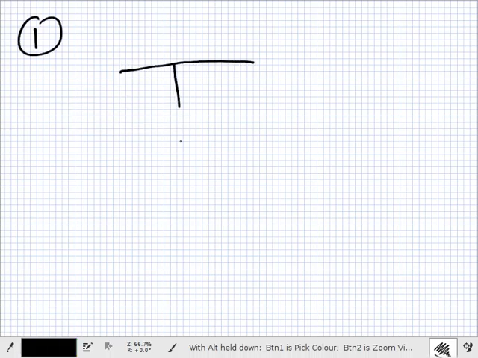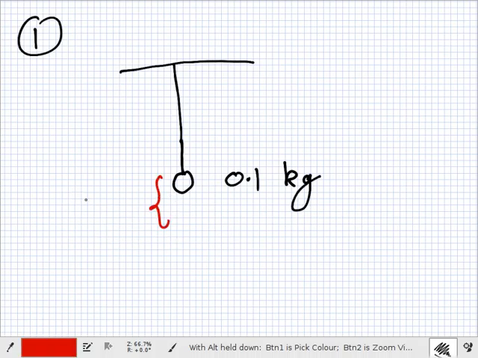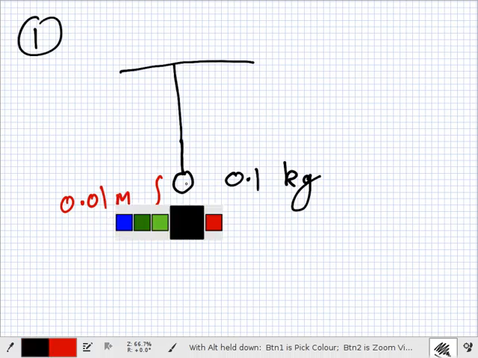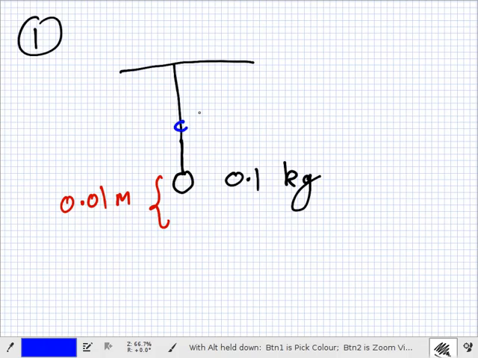This is 0.1 kilograms, and it extends by 0.01 meters. We don't know the area here, but we know the force is 0.1 g.